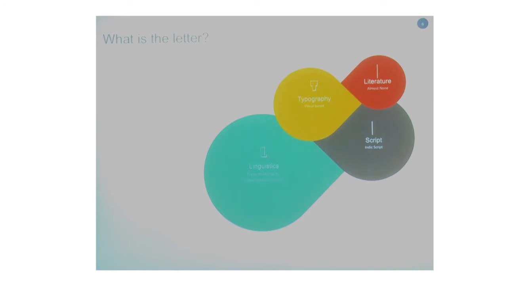So the question was, what makes the letter, what makes the Sinhala letter? Initially, if you look at linguistics, we break it into two: vowels and consonants. Just because you know the letters, can you design them? That's where it comes in. Then under typography, it's a very visual base, the script and literature. Those were the issues that came up.